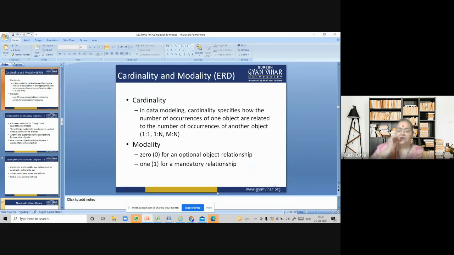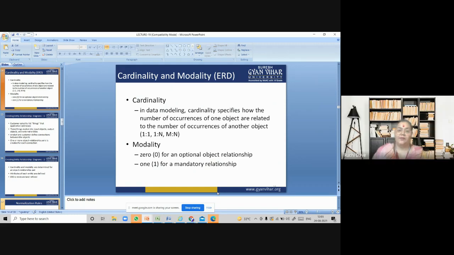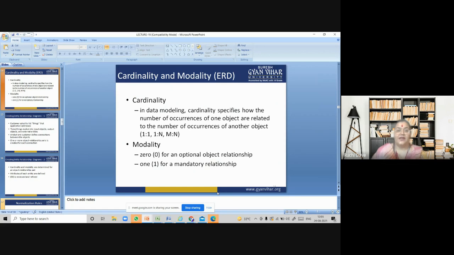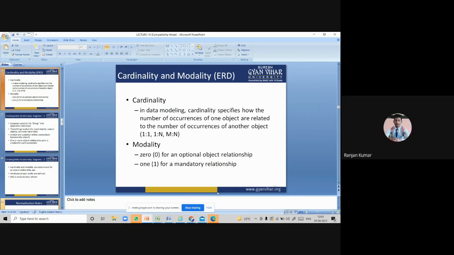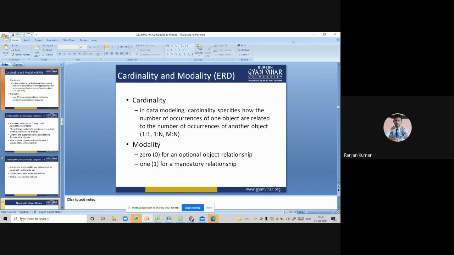In data modeling, cardinality specifies the number of occurrences of one object that are related to the number of occurrences of another object.